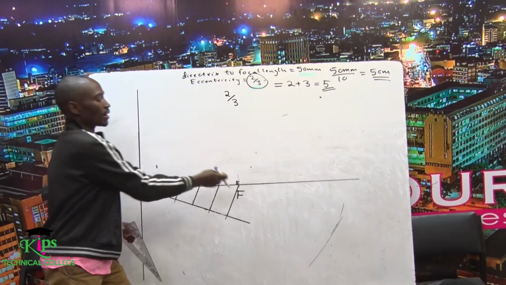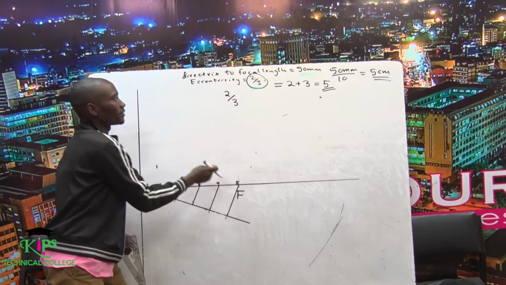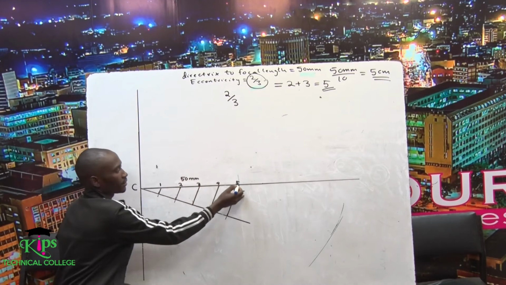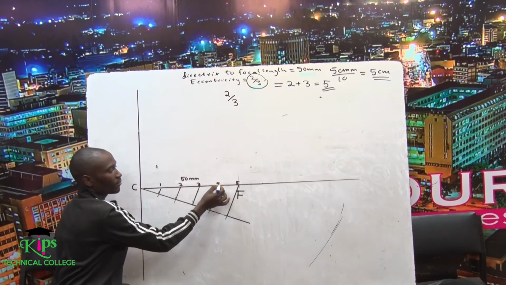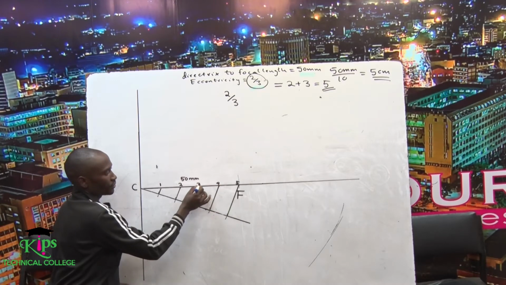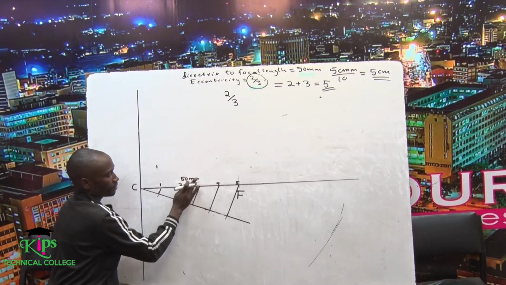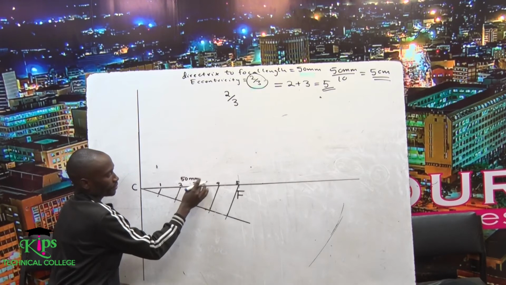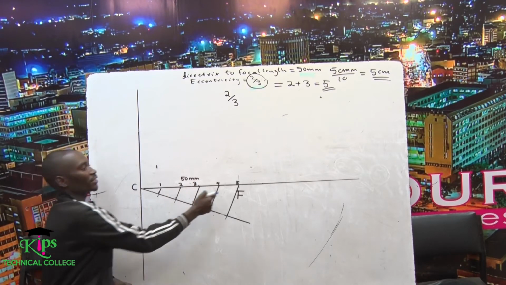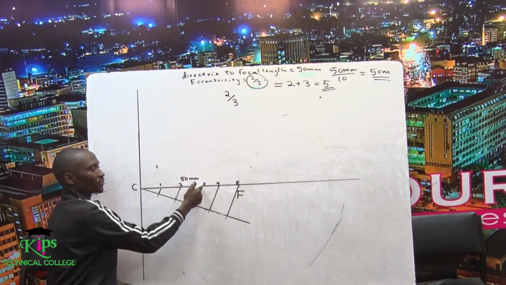Now you need to count starting from point F. So it will be 1, 2. So at this point we have counted 1, 2.